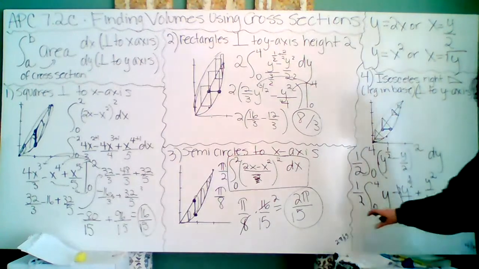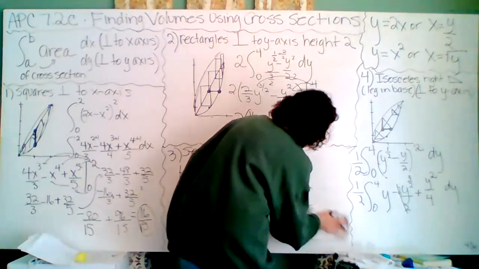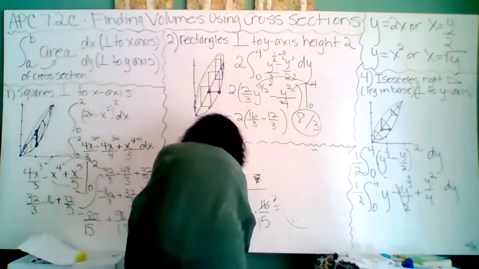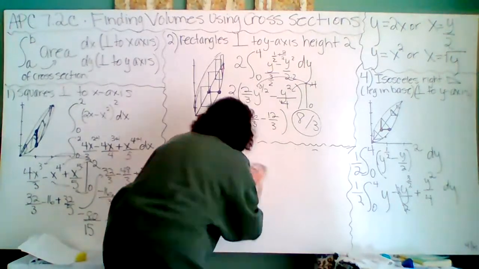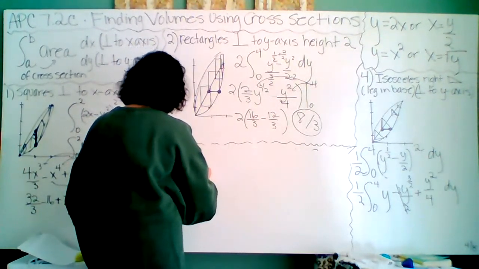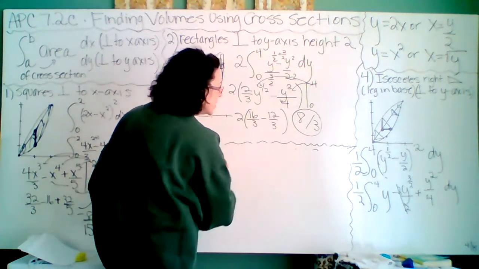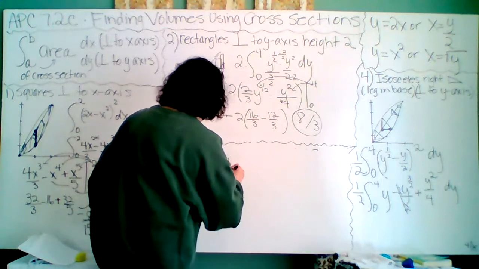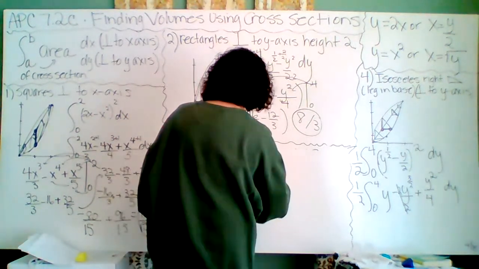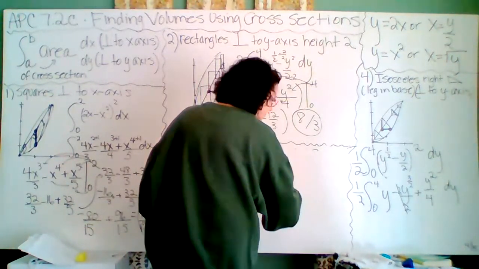Not going to do any integrating, just going to clean it up over here. And then go ahead and integrate. 1/2, 0 to 4 of y minus y to the 3/2 plus y squared over 4 dy.